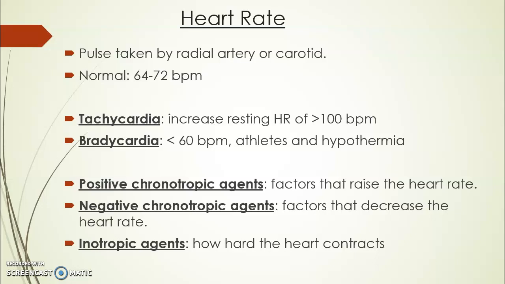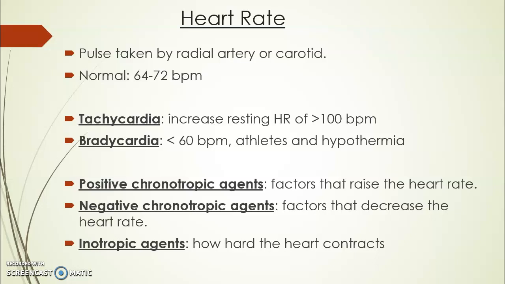Now, there are certain chemicals that are going to act upon cardiac tissue that are going to either raise the heart rate or decrease the heart rate. And those are called chronotropic agents. So if we want to raise the heart rate, those are positive chronotropic. Whereas if we want to decrease the heart rate, those are called negative chronotropic.